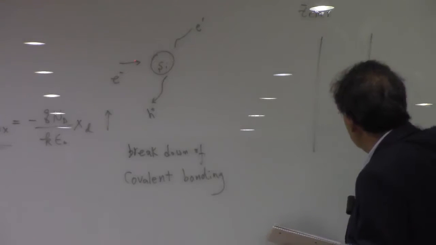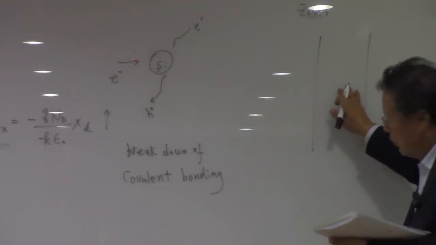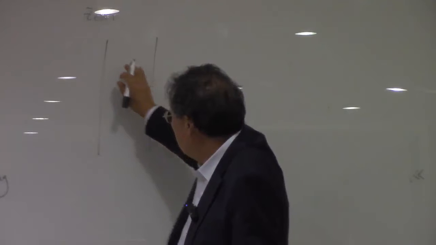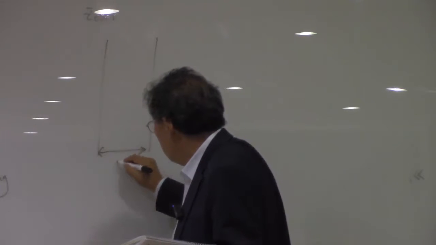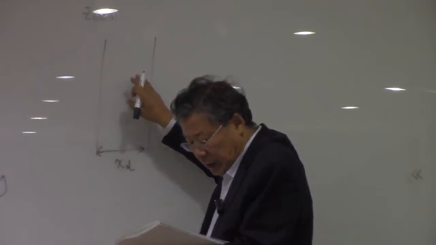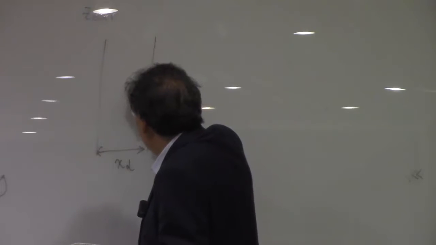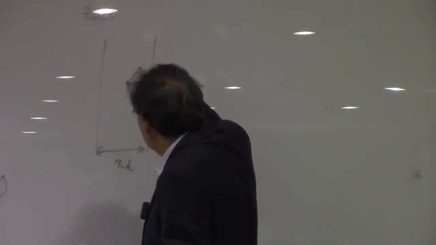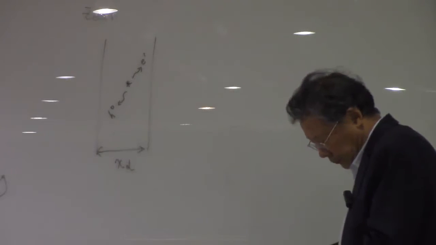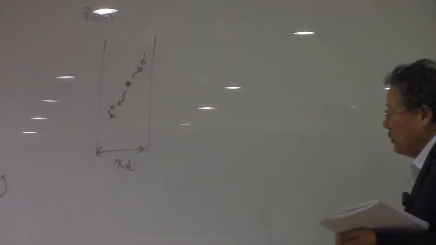In the space charge regions, only ions are here, and if it is a metal semiconductor junction, then in the semiconductor part, only the depletion region occurs, and at the depletion region, only ions exist, and then at this space charge region, the silicon can generate the electrons and holes.